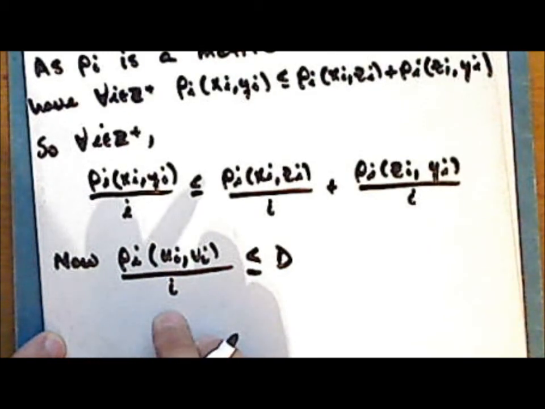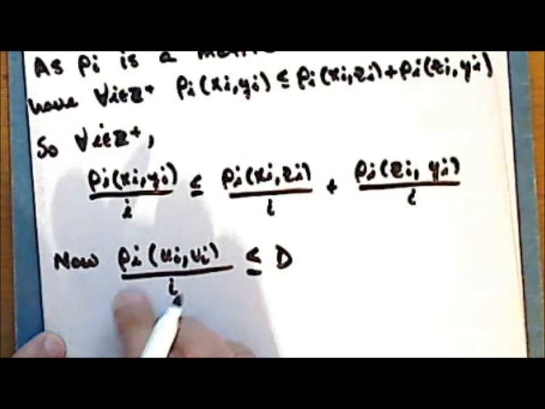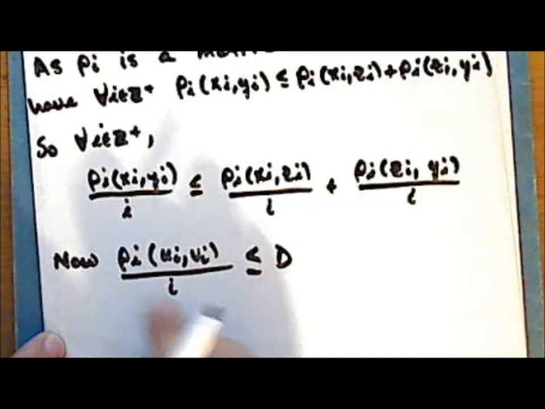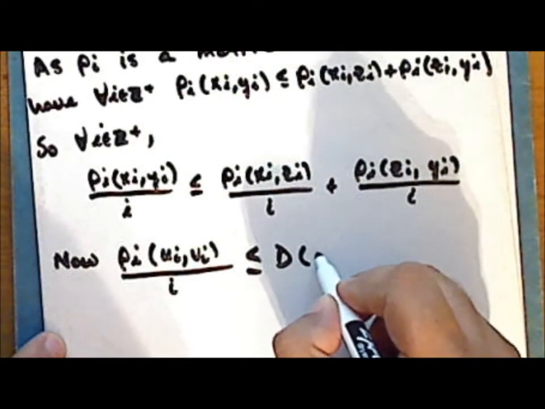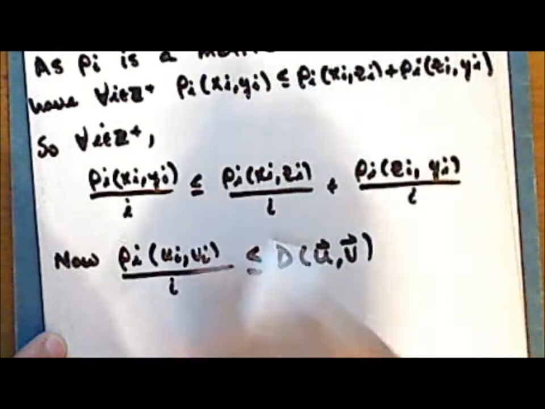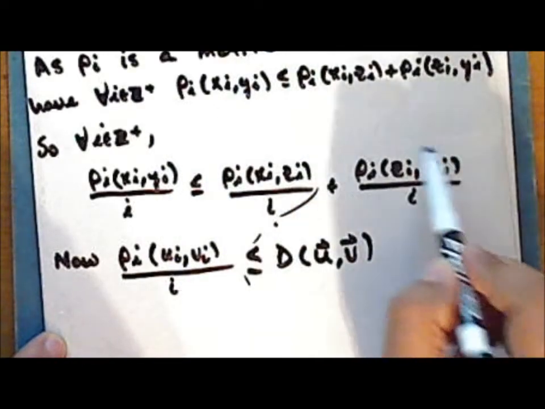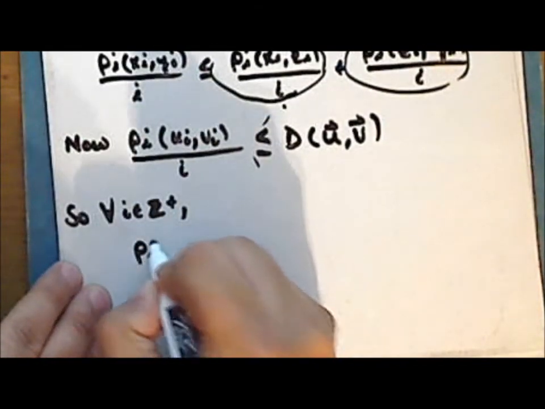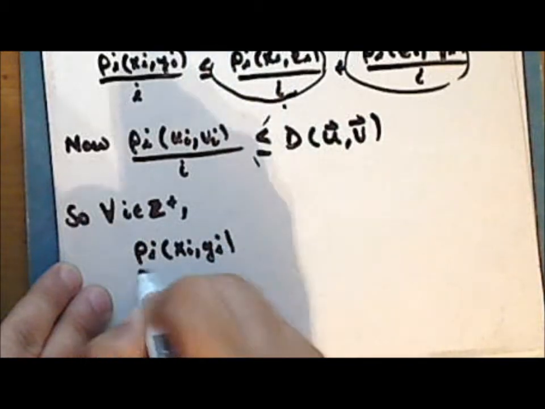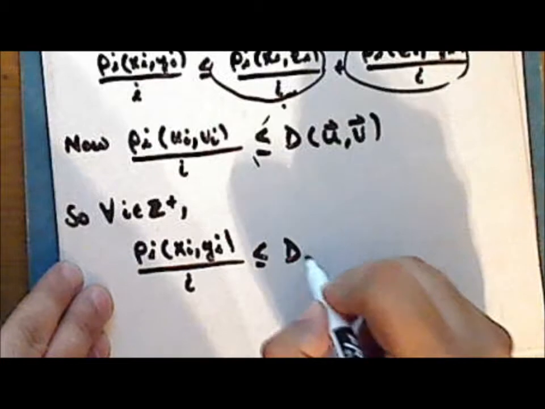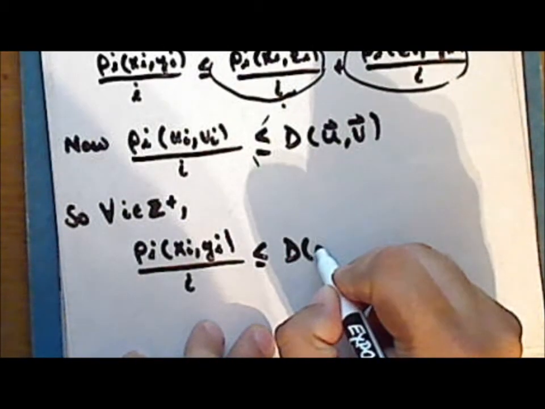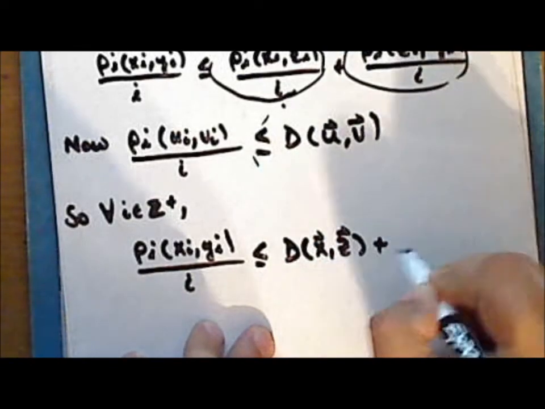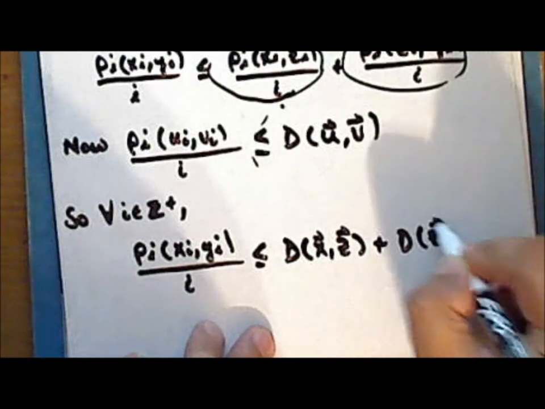This is part of a set being constructed as a sequence of ratios, and so each given ratio of rho_i to i is less than or equal to the supremum in that set, which is the metric capital D. So we can replace these two terms with the metric D. And so for every index i, we have that rho_i from x_i to y_i over i is less than or equal to the value of the function D from x to z plus the value of the function D from z to y.